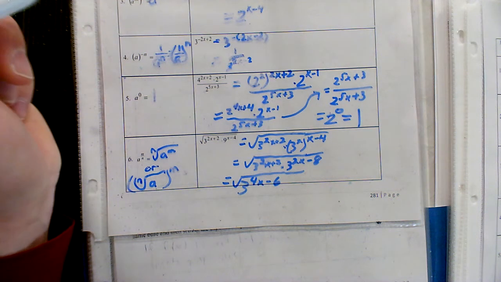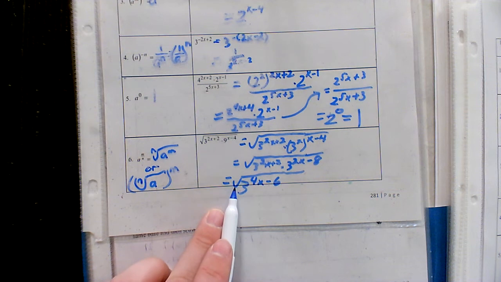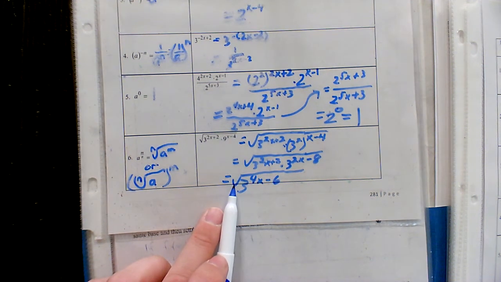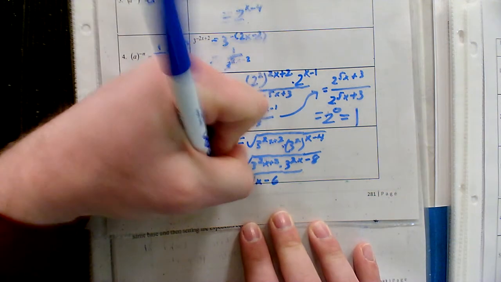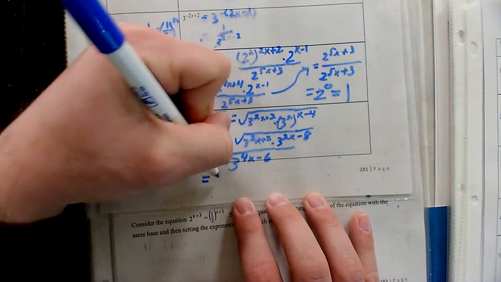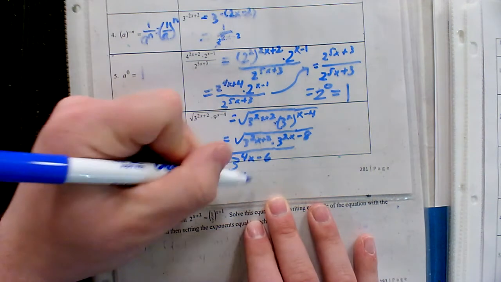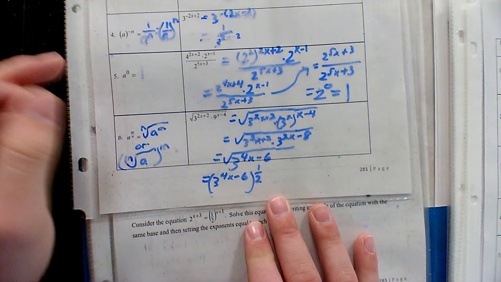Now, you could say that we could stop here, but I'm going to show a simplification a little further. So the square root is the same as the 1/2 power, because that's the same as being 1 over 2. So really, we have 3 to the 4x minus 6, and all of that is to the 1/2 power.